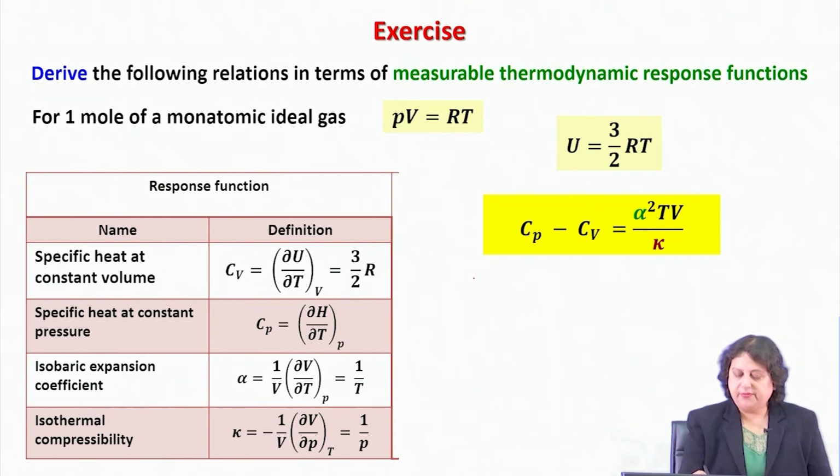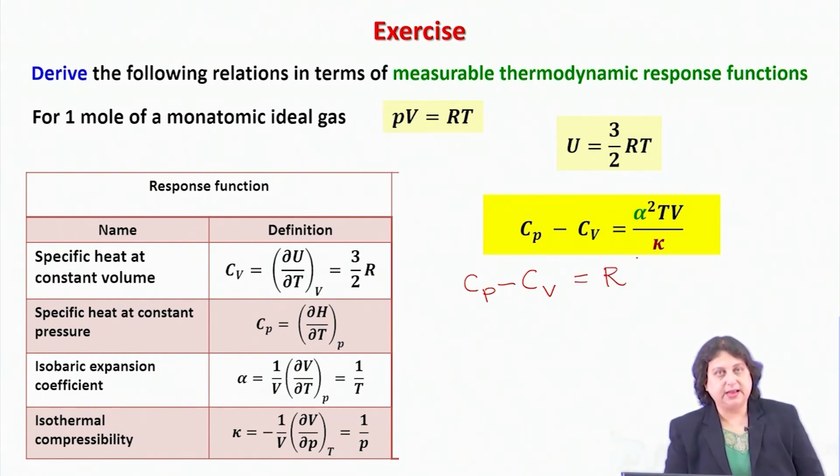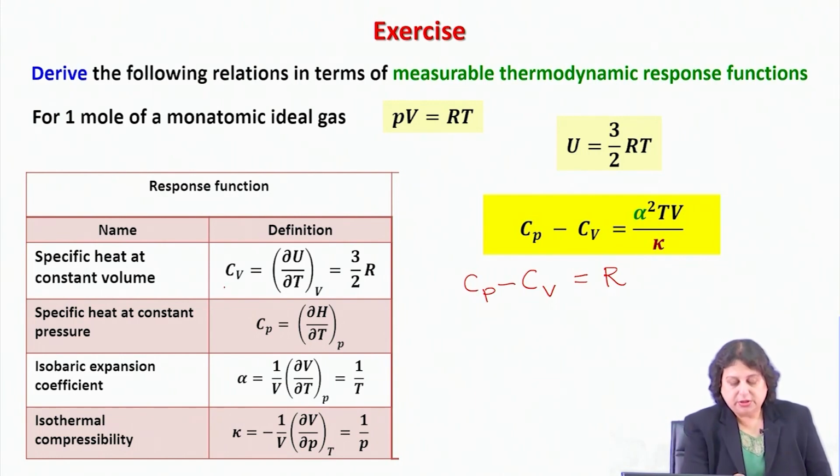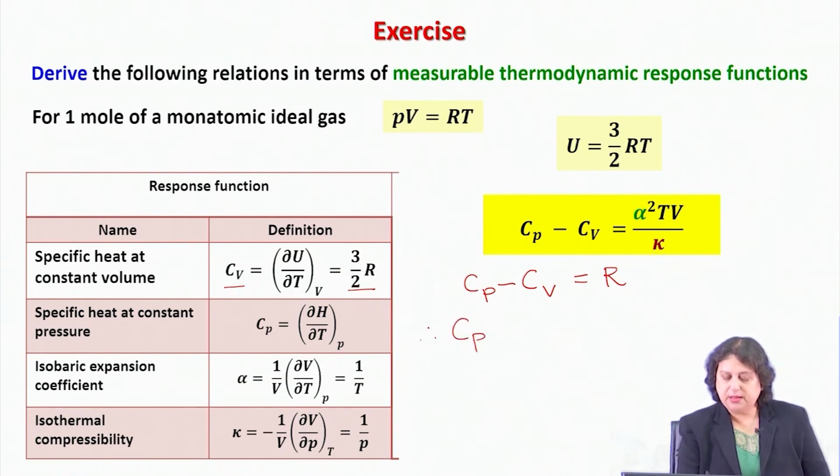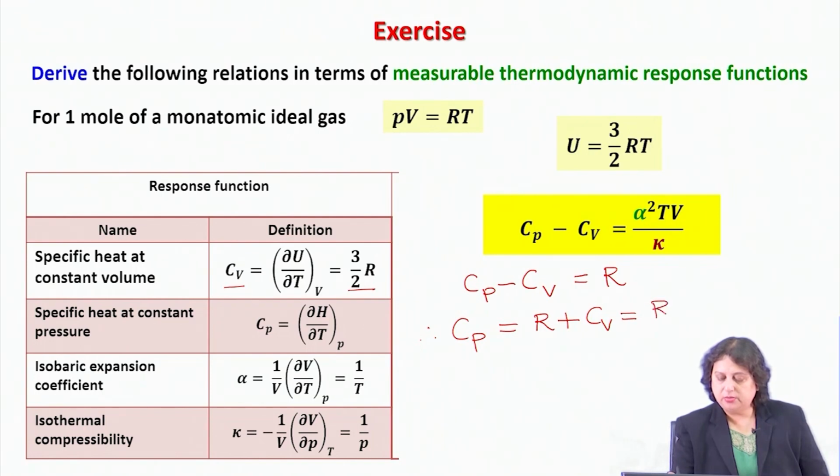Now that we have got Cp minus Cv equal to R for 1 mole of this monatomic ideal gas, I know what Cv is, that is 3 by 2 R. So what is Cp? Cp in this case is going to be R plus Cv, that is equal to R into 1 plus 3 by 2.